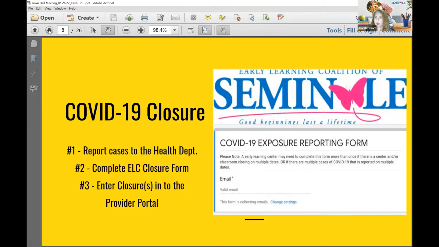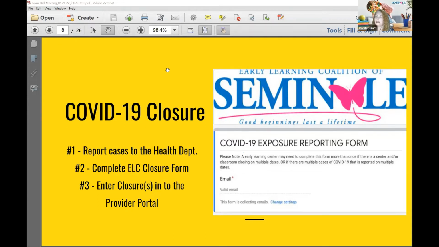Another piece that we wanted to talk about is just a reminder about COVID-19 closures. I know many of you went for a big period of time without any COVID-related closures. And we do have on our website our 3 steps to reporting. Make sure that you're reporting the cases to the health department.